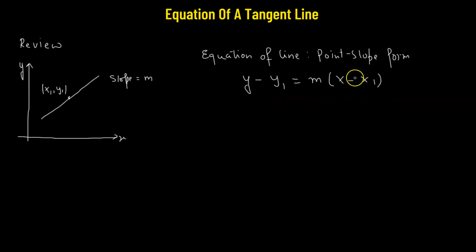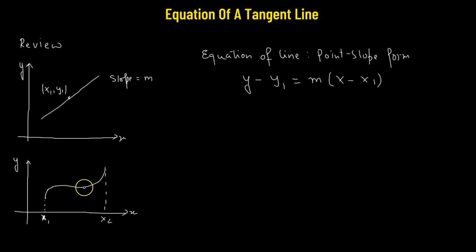So we will be using this particular formula, the point slope form of a line, to find the equation of a tangent line. To determine the equation of a tangent line, we consider an xy plane. We have a smooth curve, smooth in the sense that it is continuous on the interval, let's say x1 and x2.